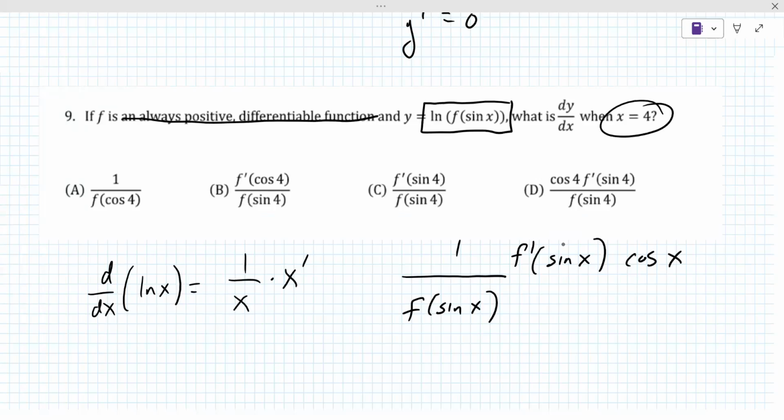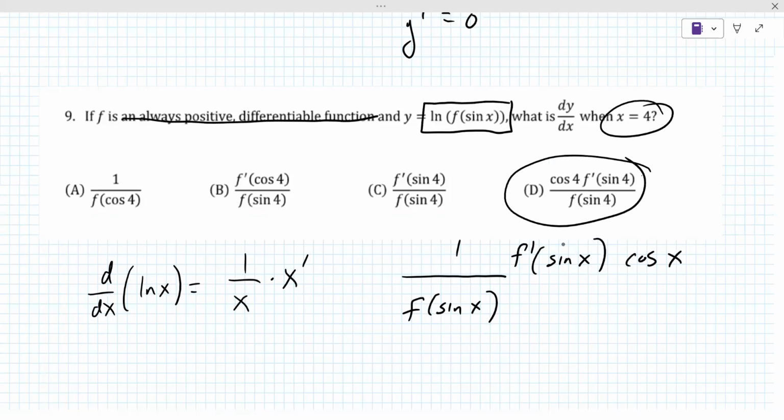It would be 1 over f of sine squared. It would be D. It is D.